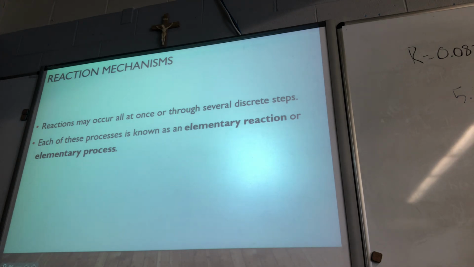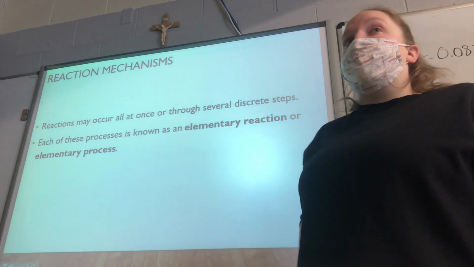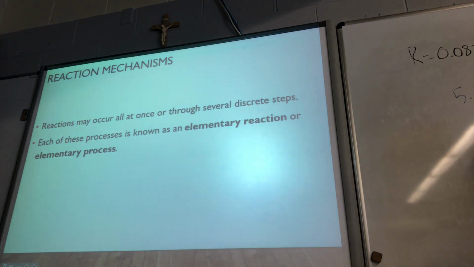These can happen through several steps, like we said. So far, we've dealt with only one-step reactions, right? We've dealt with A plus B makes C. This is a one-step.